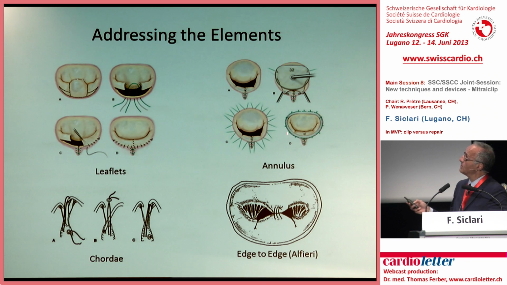So we developed the stabilization of the annulus, which is a very important issue, and also trying to influence the height and the coaptation level of the chorda. And eventually, in some cases, also the Alfieri stitch, the edge-to-edge repair, has been introduced with some success.